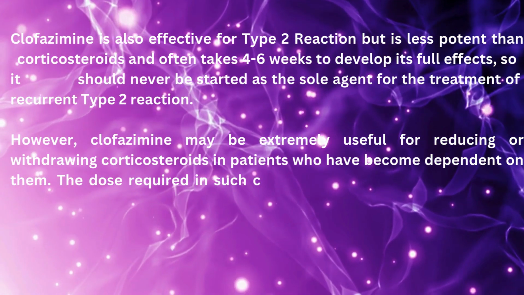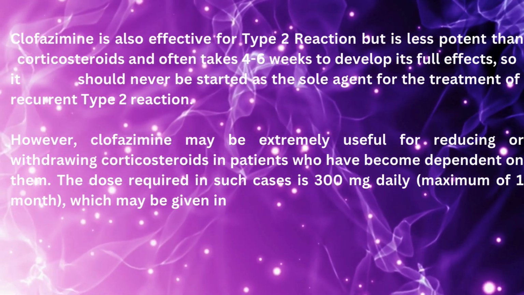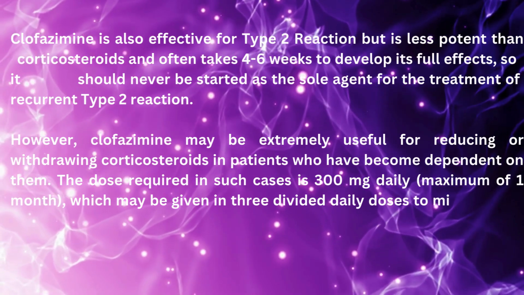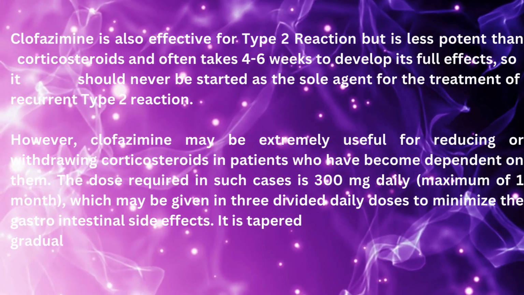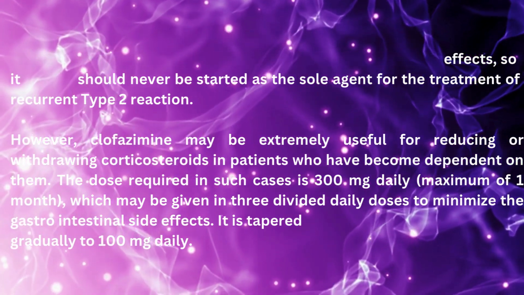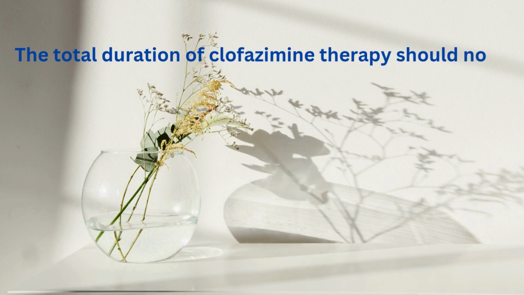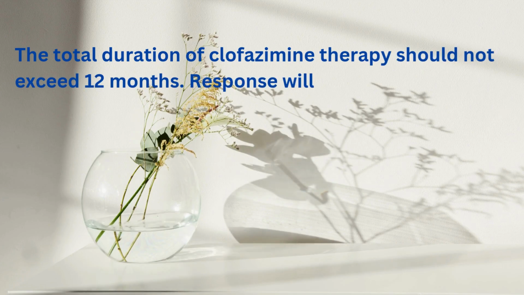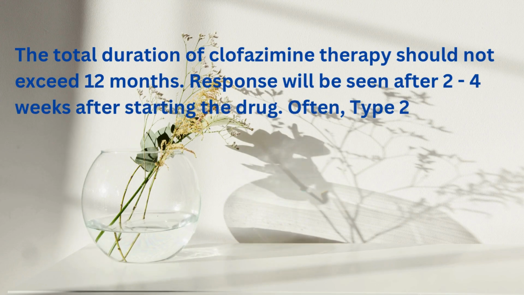The dose required in such cases is 300 mg daily, maximum of 1 month, which may be given in 3 divided daily doses to minimize the gastrointestinal side effects. It is tapered gradually to 100 mg daily. The total duration of clofazimine therapy should not exceed 12 months. Response will be seen 2 to 4 weeks after starting the drug.